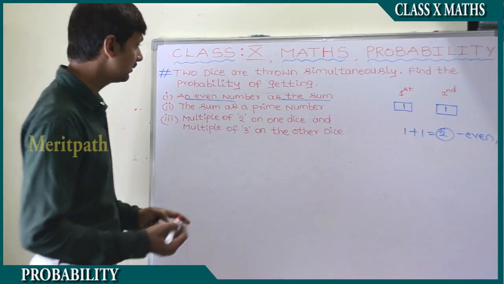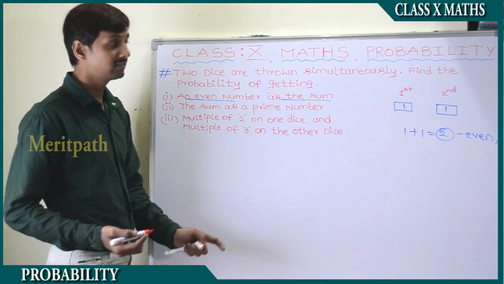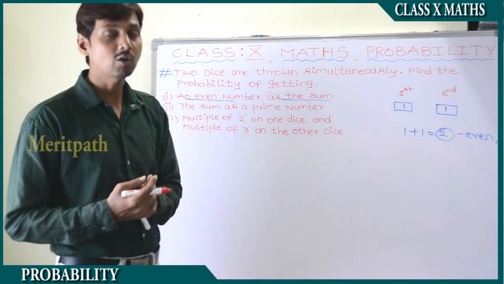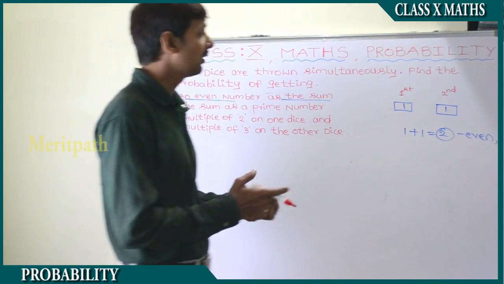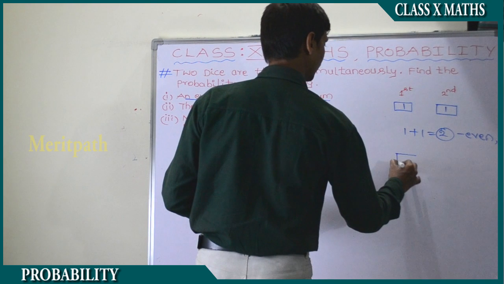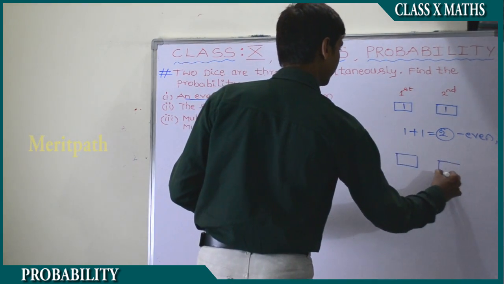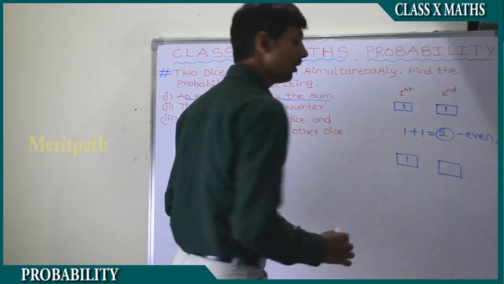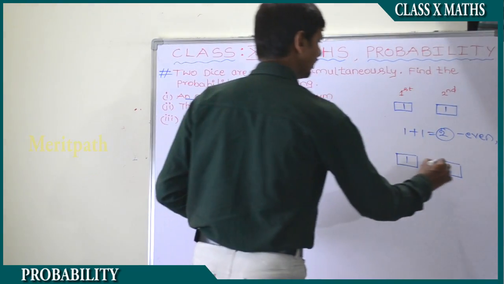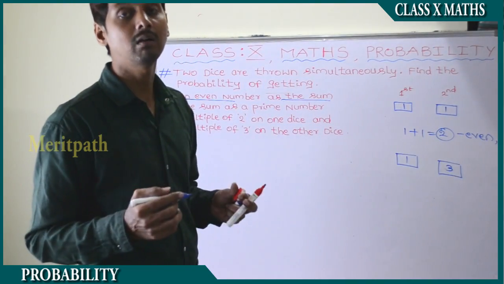We need to find an even number as a sum, and how many possibilities there are like that. For example, the first dice is 1. On the second dice, let's say it is 3. Then there is a possibility to get an even number as a sum.